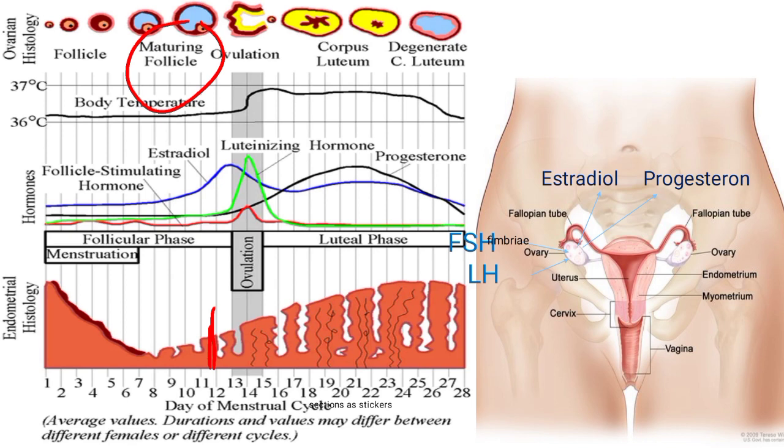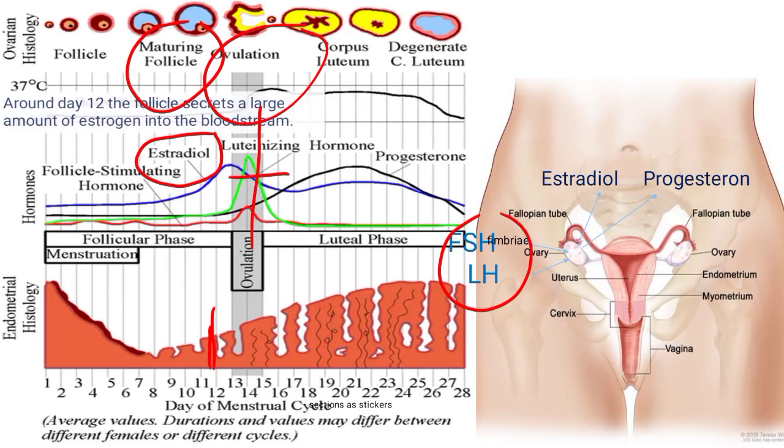The main estrogen is estradiol. The high concentration of estradiol acts on the hypothalamus, and from the hypothalamus, the anterior pituitary lobe secretes the luteinizing hormone and follicle stimulating hormone. The high concentration of the luteinizing hormone and follicle stimulating hormone causes ovulation.